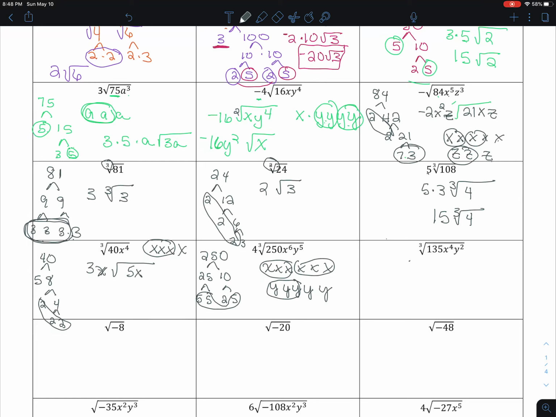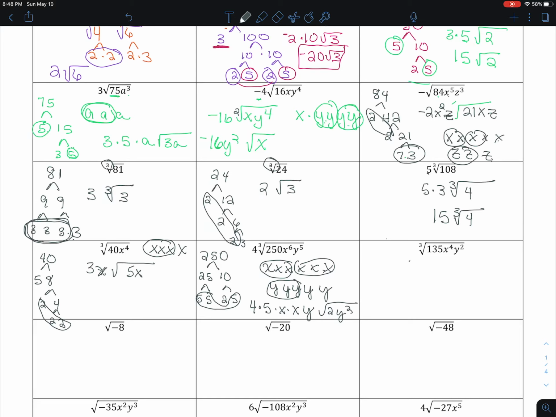So what am I left with here? Okay, so I have the 4 that's on the outside times this 5 times x, because I have 2 sets of 3's, and then 1 set of y's. And what's left here was 2. There was only a 1 left with the x's and y squared.